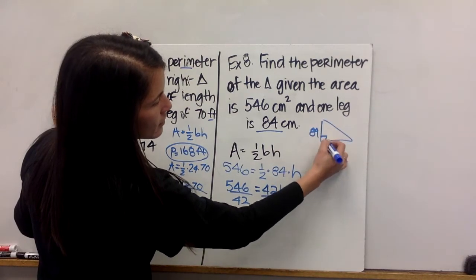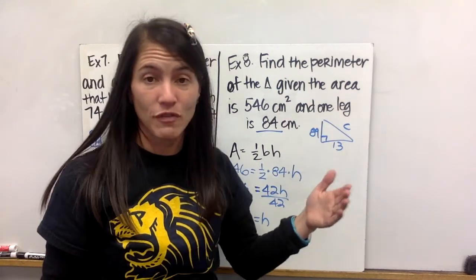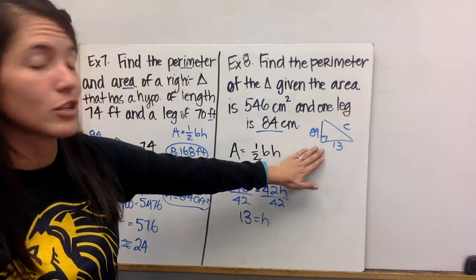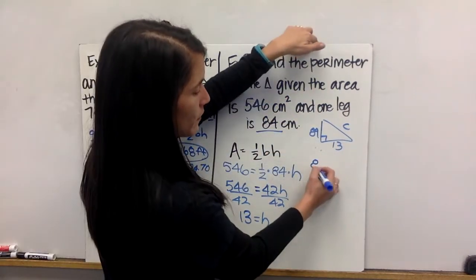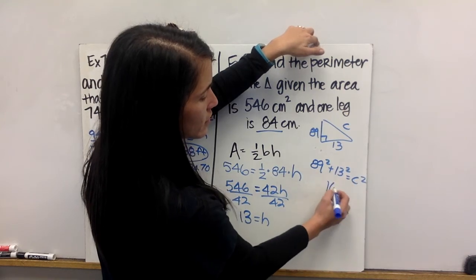84 and 13. Now, we have to find the hypotenuse in order to find the perimeter. We don't know the hypotenuse, so I know I'm going to do the Pythagorean theorem. 84 squared plus 13 squared equals c squared.